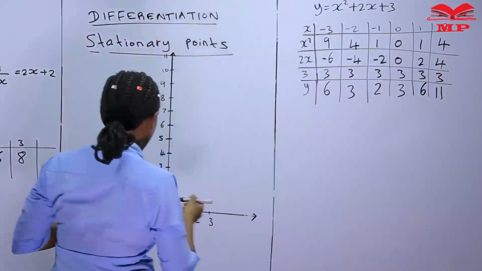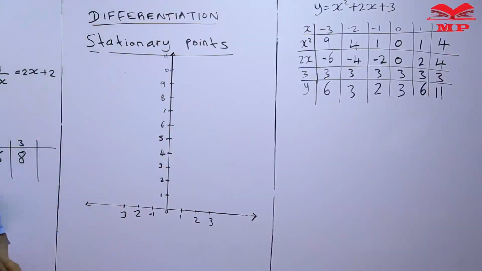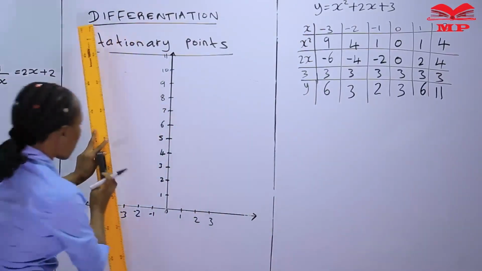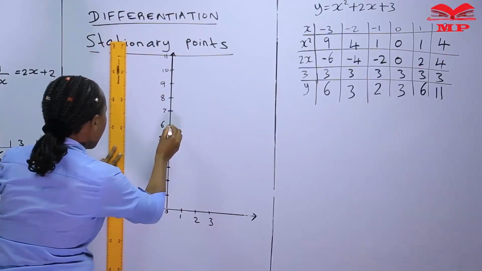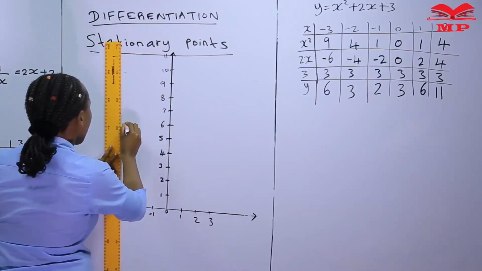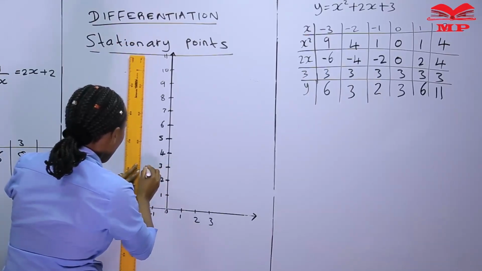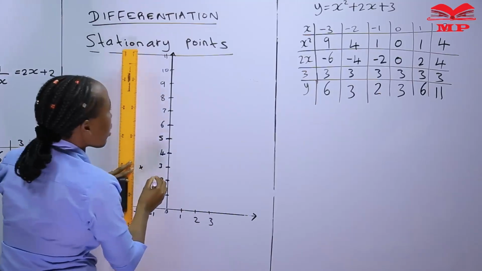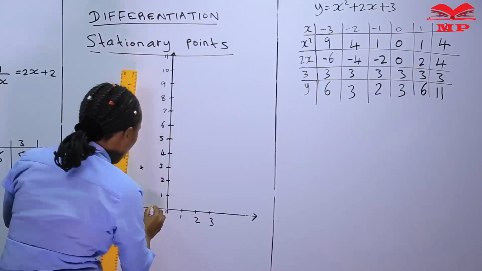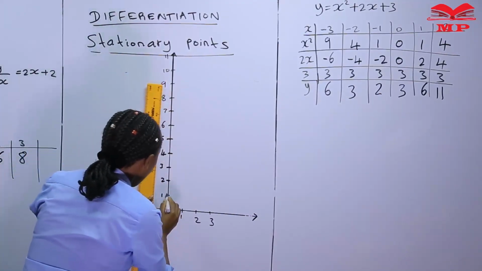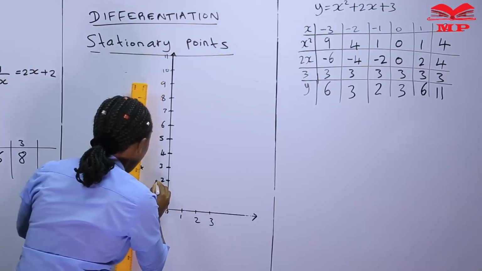Negative 3, 6. So we have negative 3, 6. So we can estimate it to be there. Then we have negative 2, 3, negative 2 and 3. Then we have negative 1, 2, negative 1 and 2 is here.